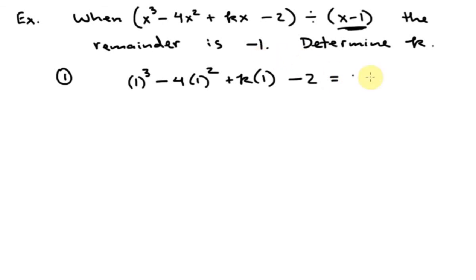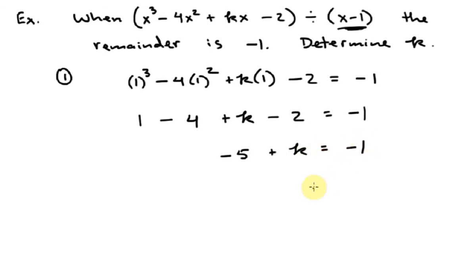And the remainder is negative 1. Well, guess what I have here? I have an equation that I can solve. So if I just simplify it down a little bit, we have 1, negative 4, and negative 2. So that makes negative 5 plus k equals negative 1. So I'm just going to add 5 to the other side, and guess what? I just solved for k.